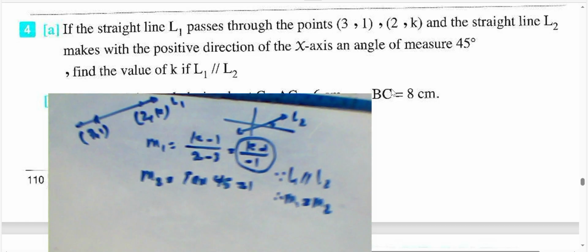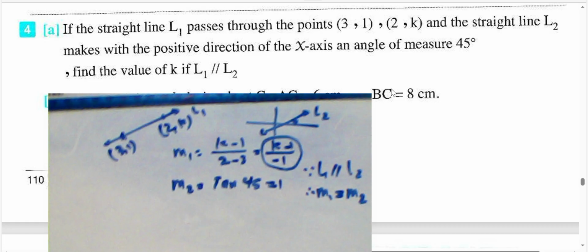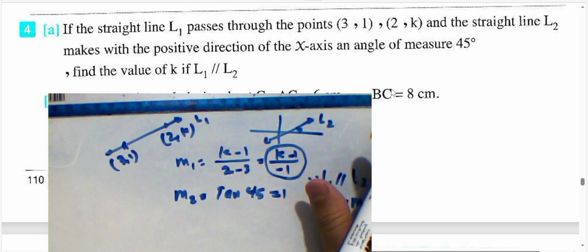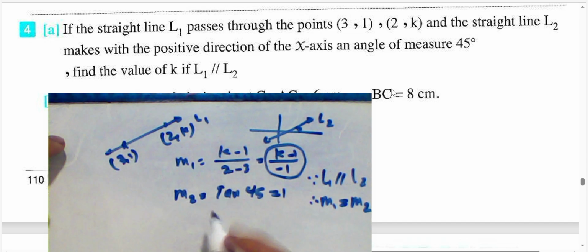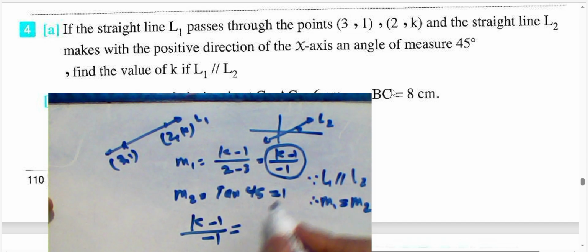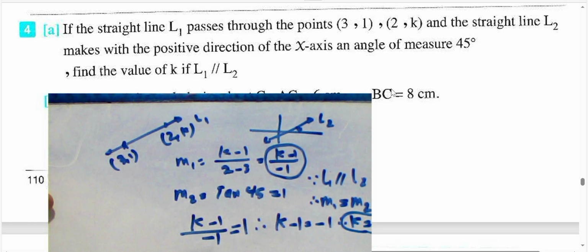Okay, now complete with me. k minus 1 over negative 1 equals 1. Then k minus 1 equals negative 1 times 1, equals negative 1, then the value of k is 0. k equals 0. Okay, next question.